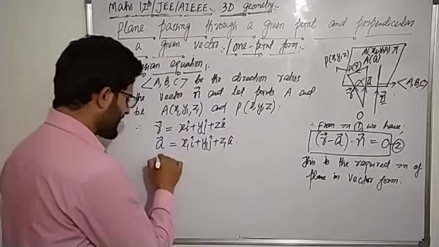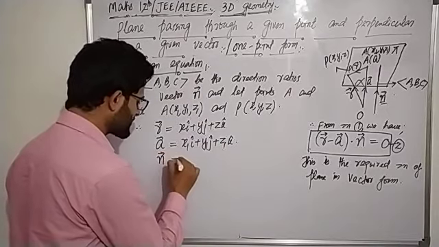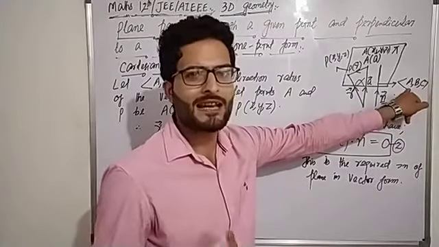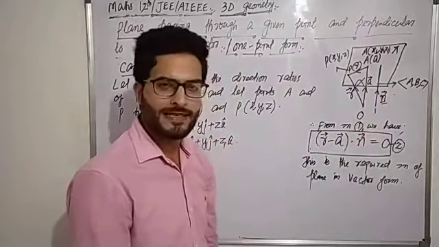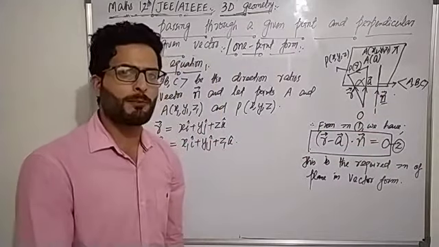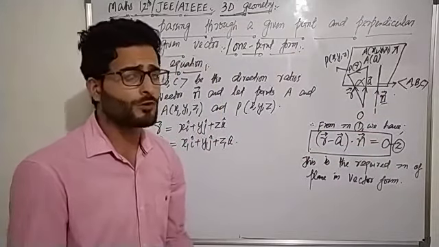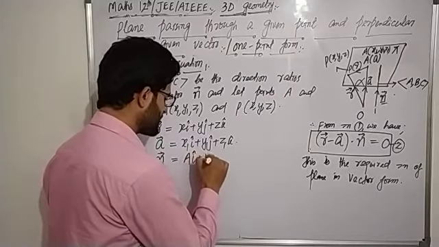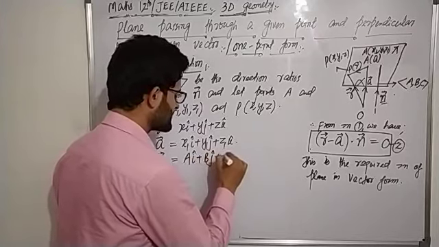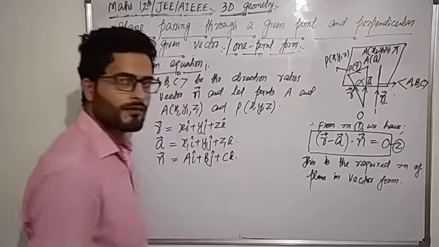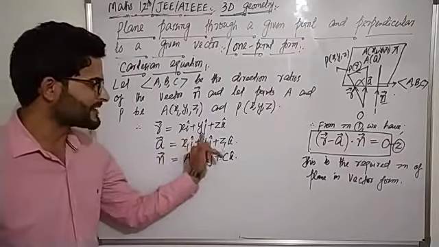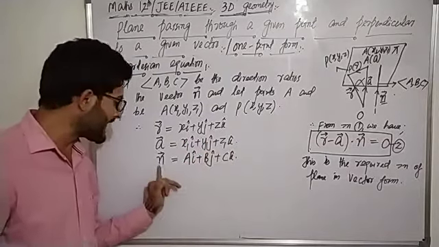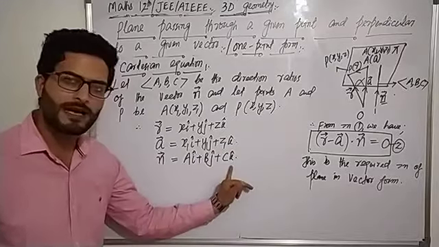And in the similar fashion, we are going to calculate n vector. N vector has the direction ratios ABC. मीन्स n वेक्टर हैज द स्केलर कंपोनेंट्स ABC। अगर n वेक्टर के स्केलर कंपोनेंट या डायरेक्शन रेशियो ABC हैं तो वेक्टर क्या बनेगा, Ai प्लस Bj प्लस Ck, राइट। So r vector is xi plus yj plus zk, a vector is x1i plus y1j plus z1k, and n vector is ai plus bj plus ck.